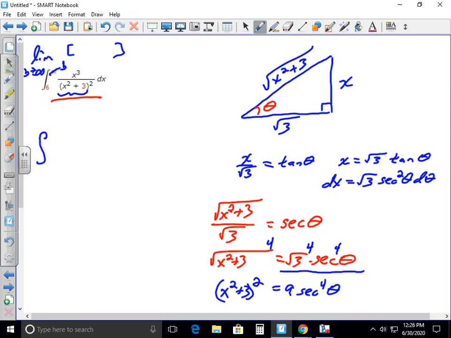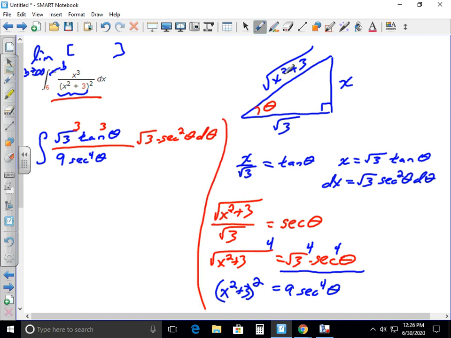So x is root 3 times tangent. That's cubed, so cube and cube. The denominator is 9 secant to the 4th theta. And then dx is square root of 3 secant squared theta d theta.